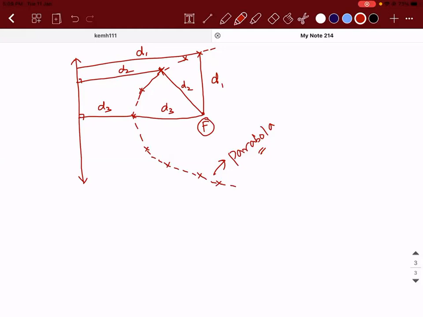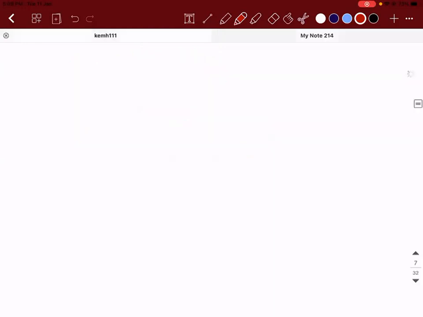The set of moving points which are equidistant from a fixed point called the focus and a fixed line called the directrix. Is it clear, guys? Then that is what is called a parabola.